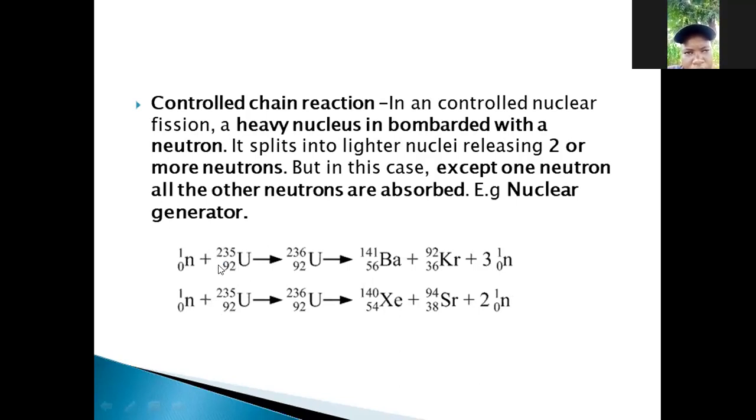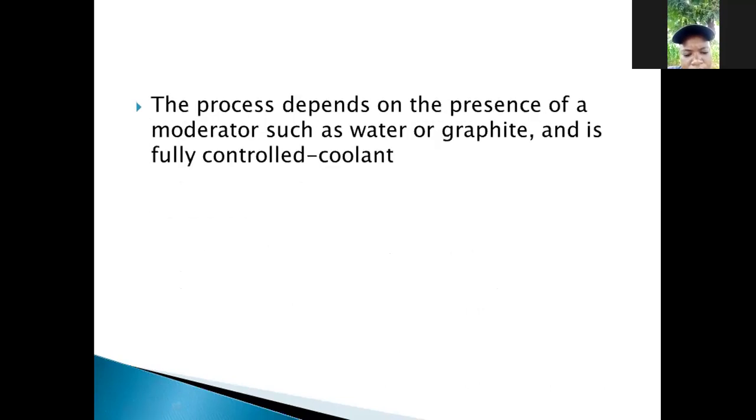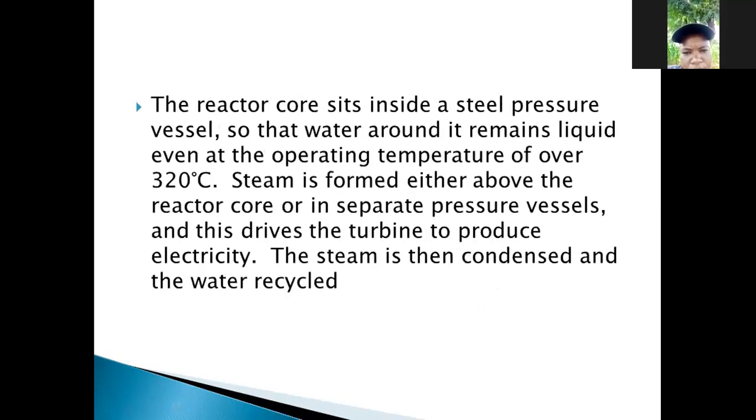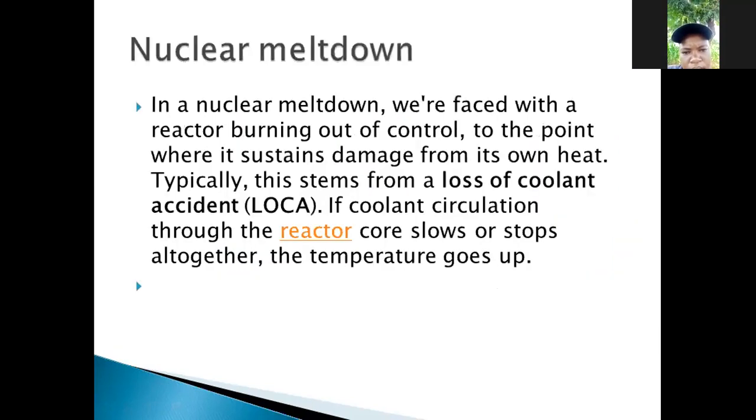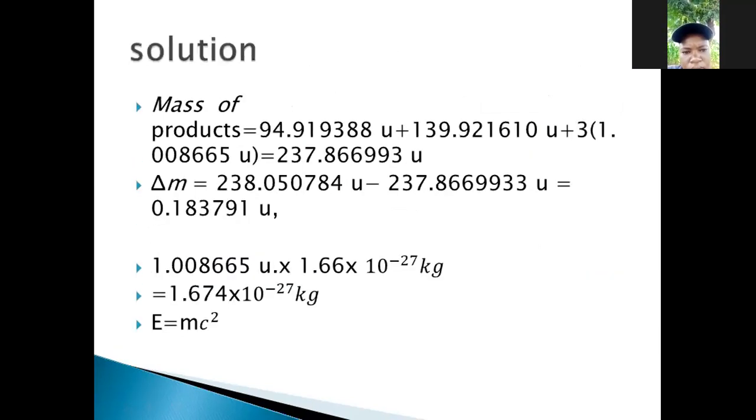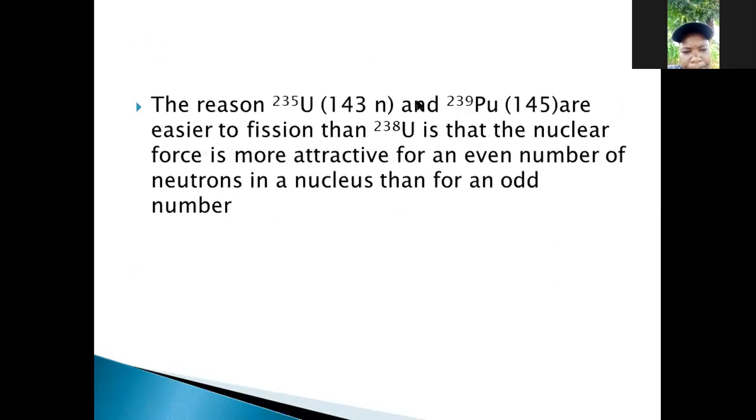So the statement which you've made here is that when the neutron approaches 235, it gets an even number of neutrons, and therefore the force there becomes attractive, so that they can have an even number of neutrons, which can increase the stability of that nucleus.